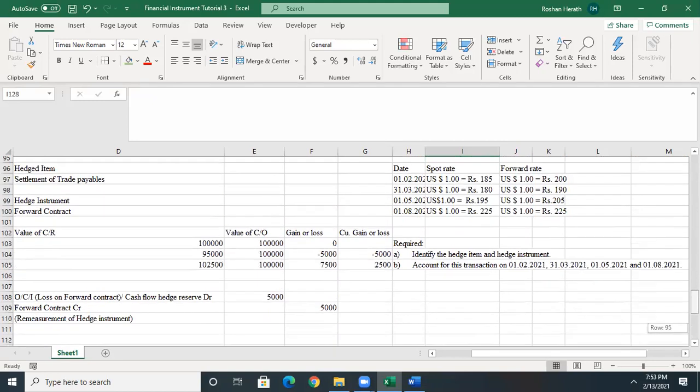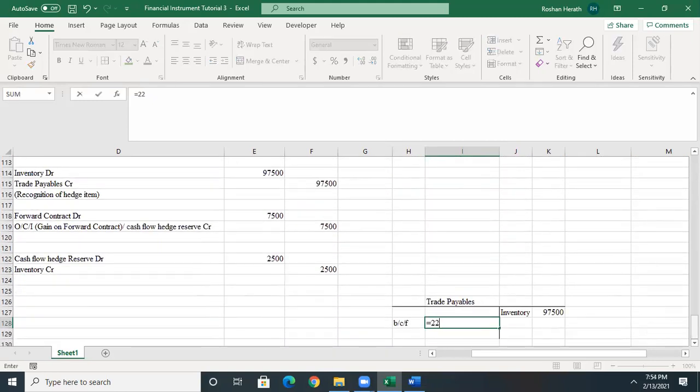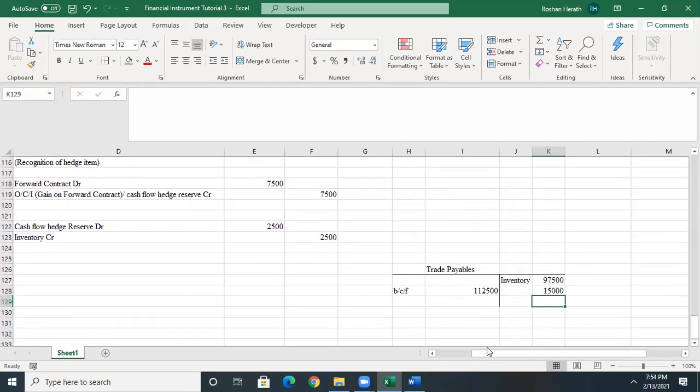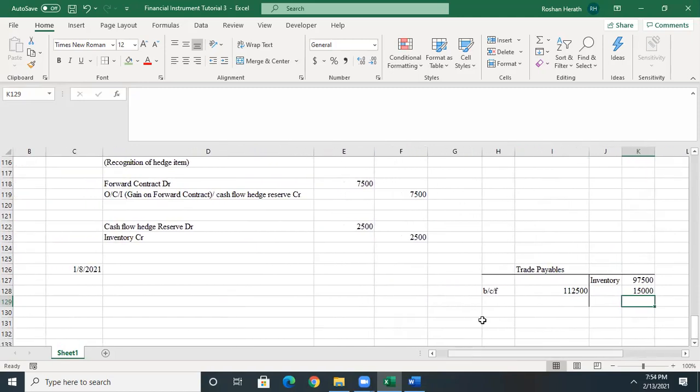Balance carried forward. How much is that? There you have 225, the spot rate, 225 into 500, 112,500. Then you can see, as usual, even we have witnessed that earlier, the remeasurement loss was 15,000. So, when it comes to this hedge item, the trade payables, you need to take that to the P&L, right?